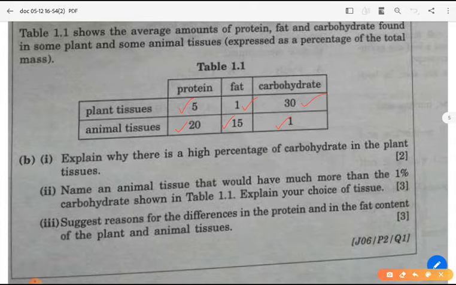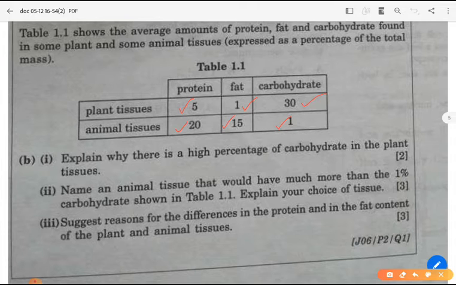So plants have a high percentage of carbohydrate as compared to the animal, because animals cannot perform the process of photosynthesis and they cannot synthesize the glucose molecule, which in turn can be stored in the form of starch in the plant, and it cannot be stored in an animal tissue in a huge amount. So the carbohydrate is present in high percentage in the plant tissues as compared to the animal tissues.